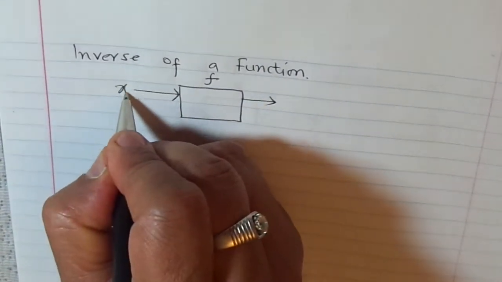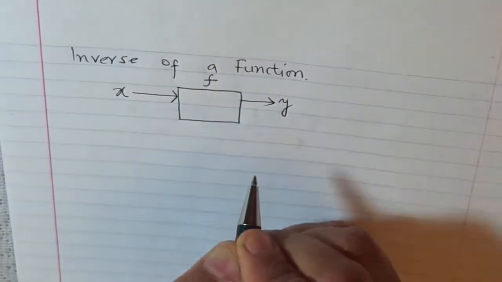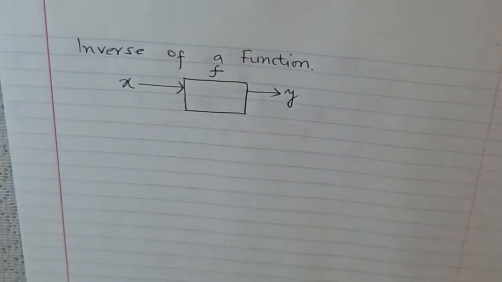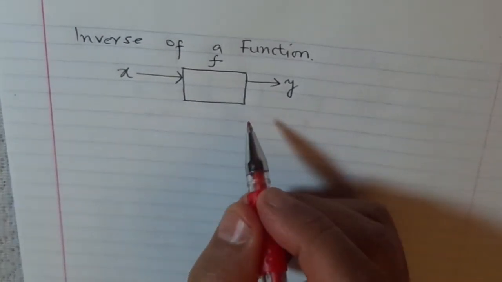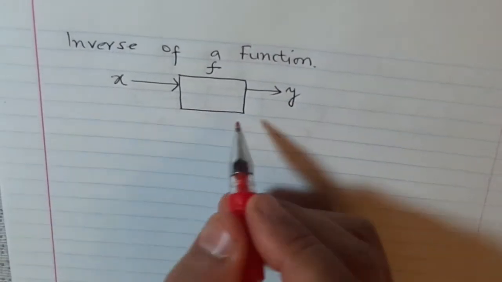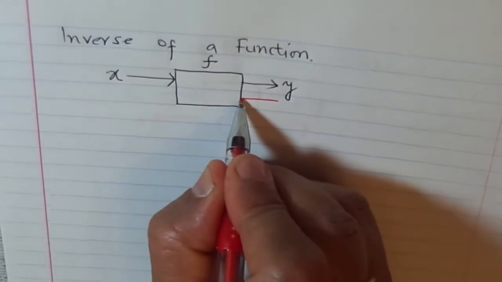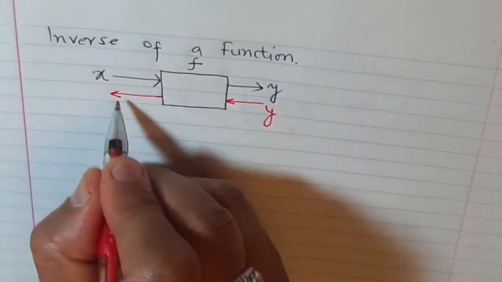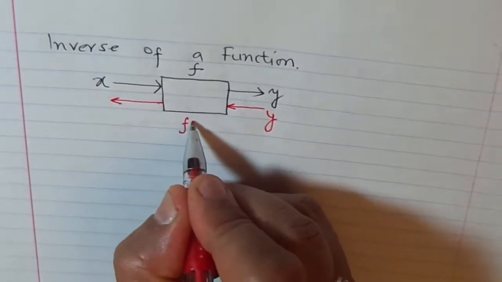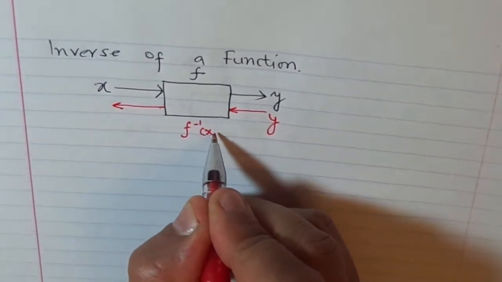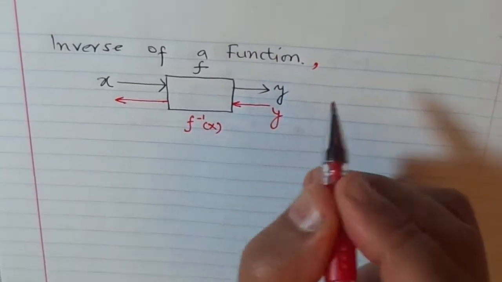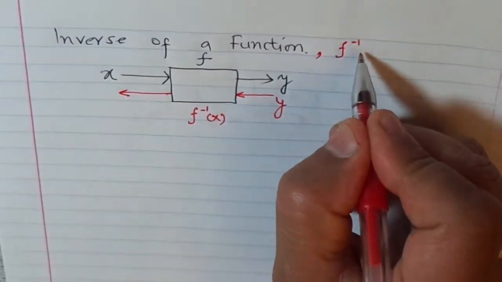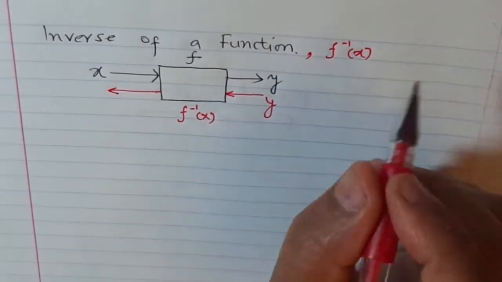For input x, we get an output y. So this is a function. Now the inverse of this function will be a function which can do the reverse operation. That is, if you get y as your input, your output should be x. And we write this as f inverse of x. We'll denote the inverse of a function as f inverse x.